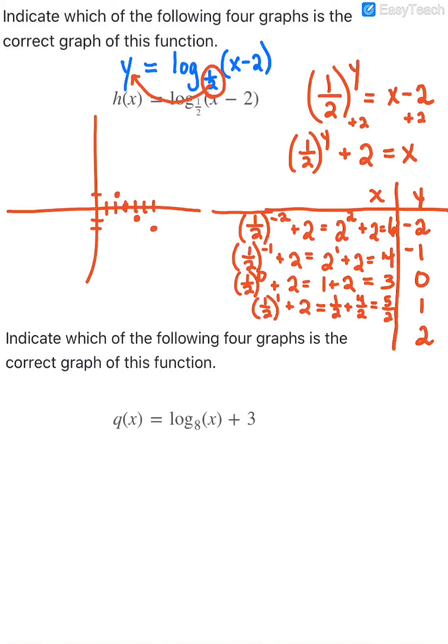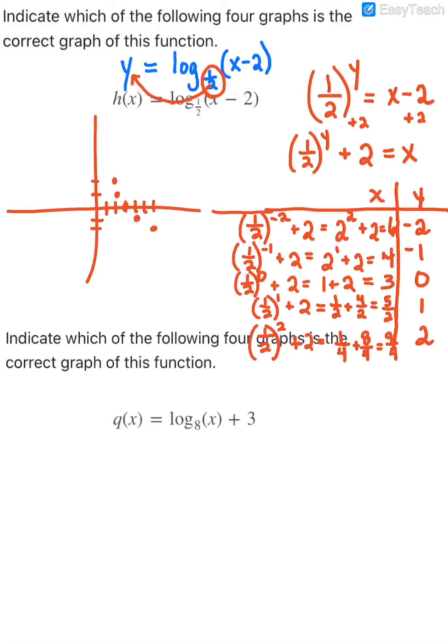And then finally, when y is 2, I'm going to have 1/2 squared and then plus 2. 1/2 squared is a fourth. When you're adding 2, thinking of a common denominator, that would be like 8 over 4. So you're left with 9 over 4, and that's like the decimal 2.25.